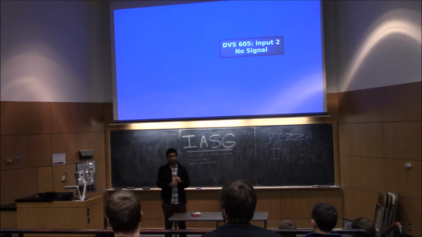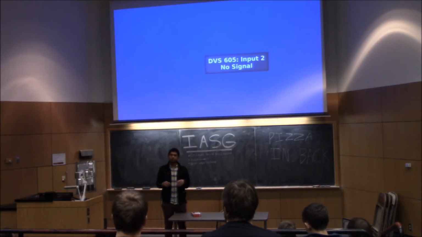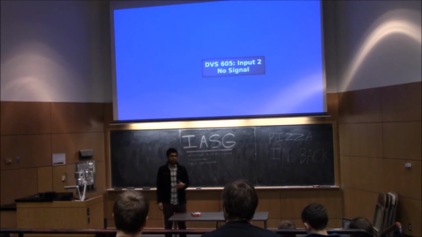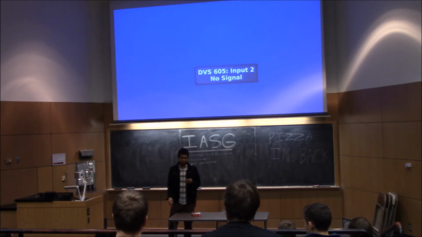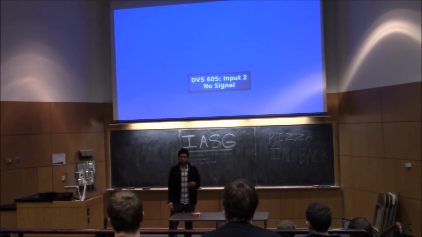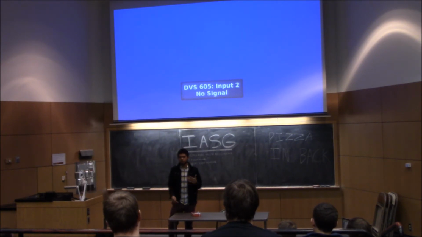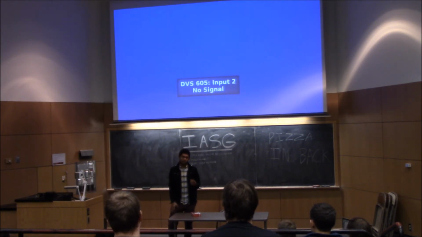Using Volatility for memory forensics, as well as FTK or EnCase. Those both work with disk images, and you can search through the disk for files. It depends on how they run the competition again, but having a knowledge of file systems forensics is very important, as well as network forensics.